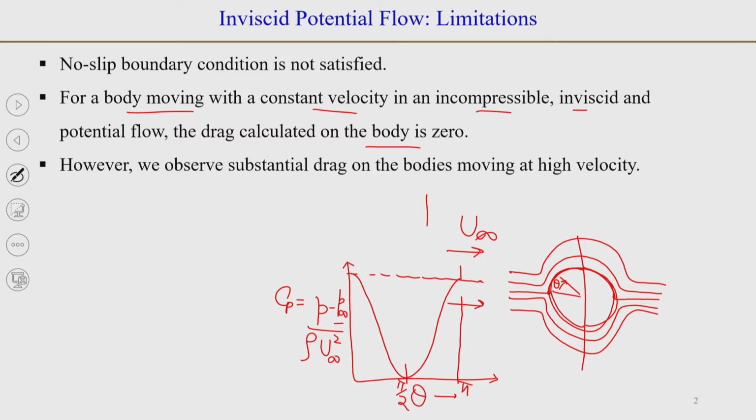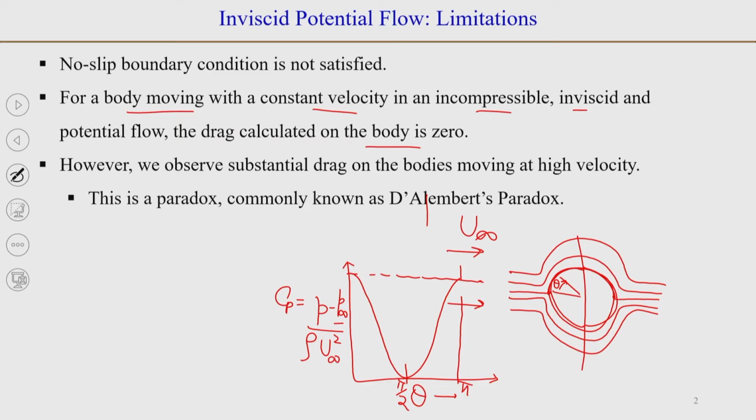So, this is a paradox, and this was observed or explained by D'Alembert. He said that he could prove mathematically that drag on a body in an incompressible inviscid and potential flow is 0, but this cannot explain the drag observed on the bodies experimentally or in our day to day life.